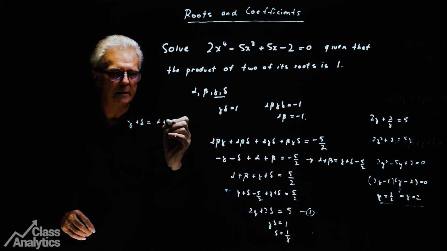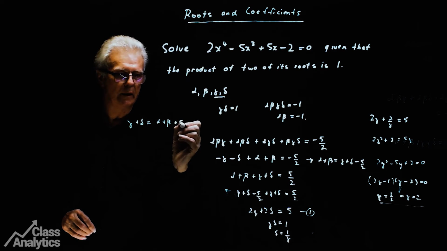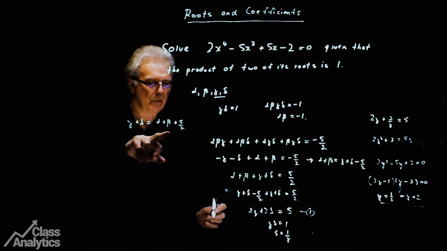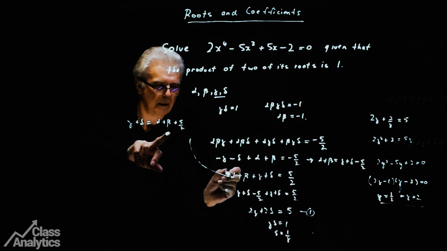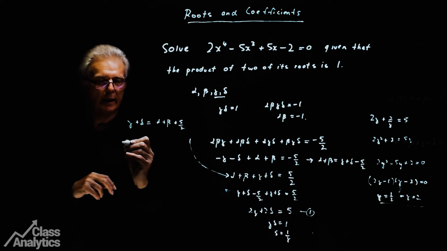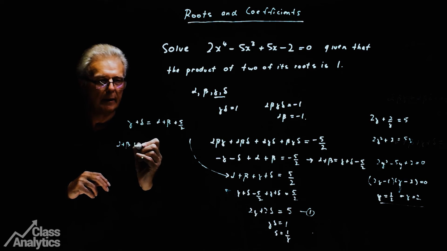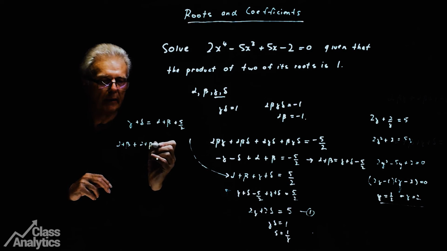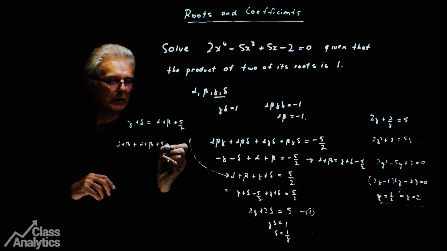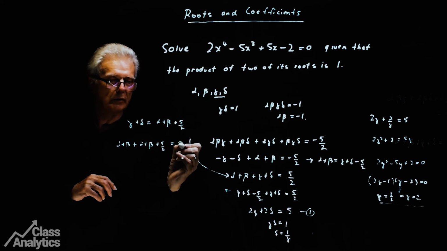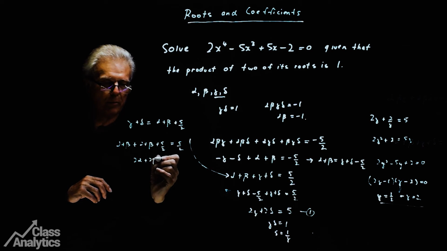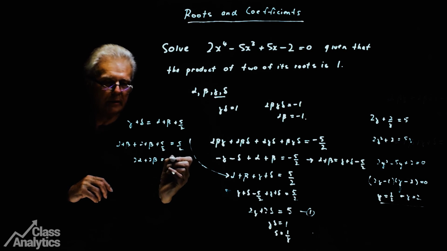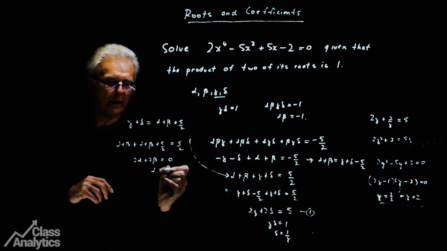So now we can go into this one here, and we can write that as alpha plus beta plus alpha plus beta plus 5 over 2 equals 5 over 2. So we have 2 alpha plus 2 beta is equal to 0. So alpha equals minus beta.